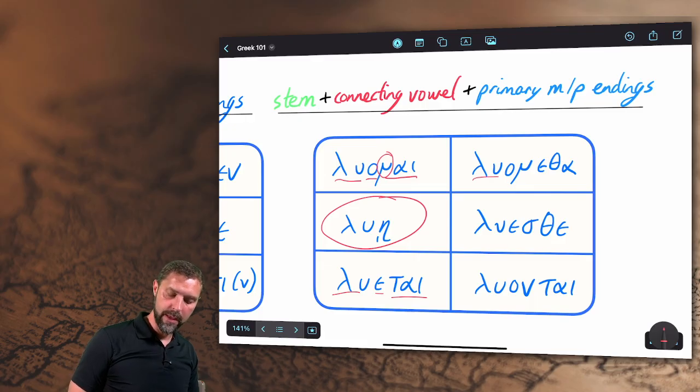Lu stem, metha ending, MNO, okay, so my connecting vowel will be omicron, luometha. Lu, sthe, and this sigma, not a mu or a nu, so I'm going to use epsilon, luesthe. Lu stem, ntai, that nu, that's one of my MNO letters, so this will be an omicron connecting vowel. I'll end up with luontai.